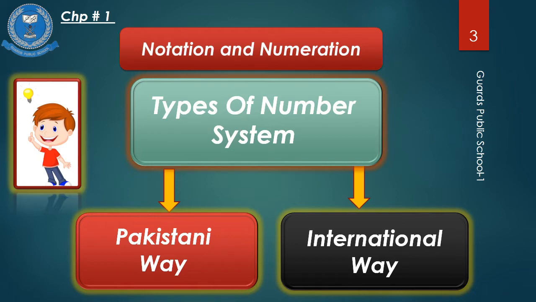As Pakistani way is used in Pakistan and other parts of South Asia, in our previous lecture we have learned for Pakistani way there are three periods, that is lakh, thousand and unit for 6-digit numbers, and for international way there are two periods for 6-digit numbers, that is thousand and unit, and this system is used internationally.